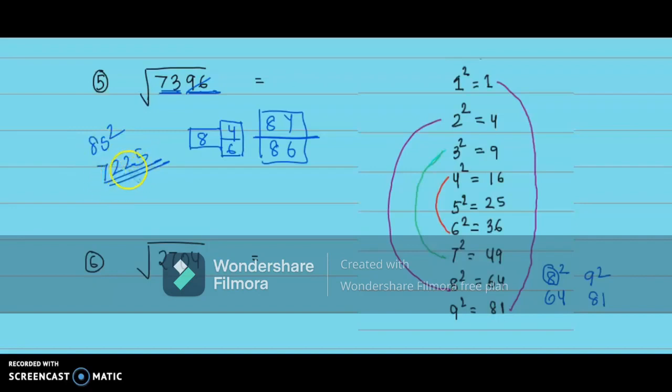The square of 85 is 7225, and the question asked to us is 7396, which is greater than this. Out of the two options, 84 and 86, our option is going to be 86, the correct answer.